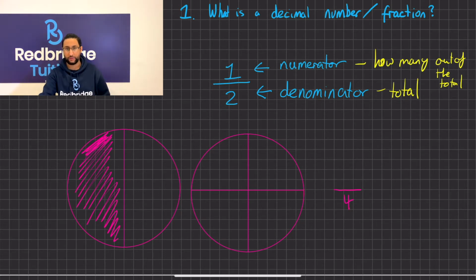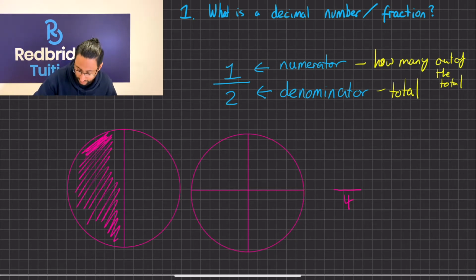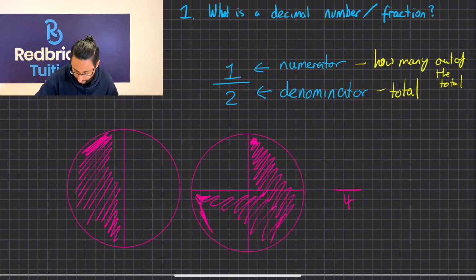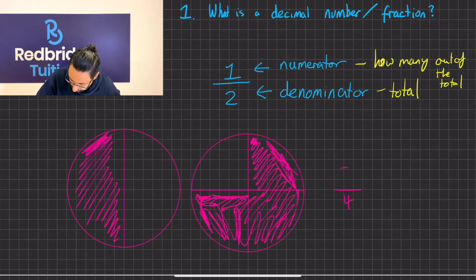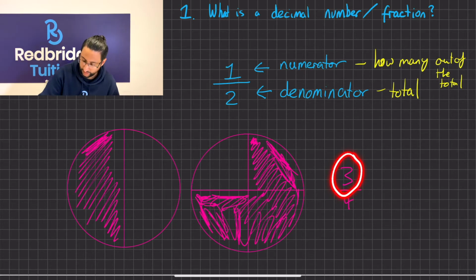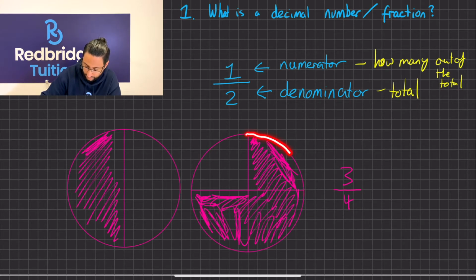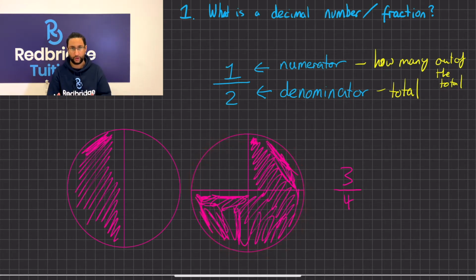Let's say I was being greedy. I'm going to take 3 pieces of this pizza. If I take these 3 pieces, the fraction that I would have would be 3/4, 3 over 4. Remember our numerator, 3, tells us how many we're taking out of the total. As you can see, these are less than one whole. Remember this pizza, we're going to call that one whole.